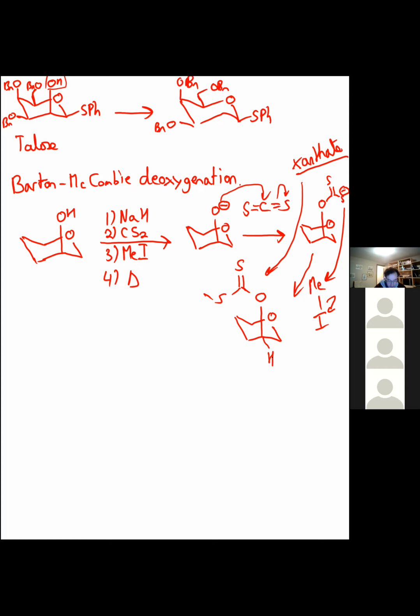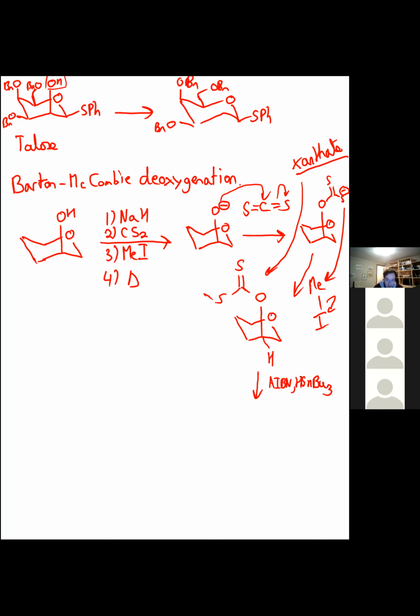You can either heat it, as I've drawn here, which works well, with the caveat being that if you do it wrong, you destroy the rest of your molecule. So we tend to go with much gentler conditions, and that's AIBN and tributyl tin hydride, which is going to be a reduction because we are going to add a hydrogen atom to it.